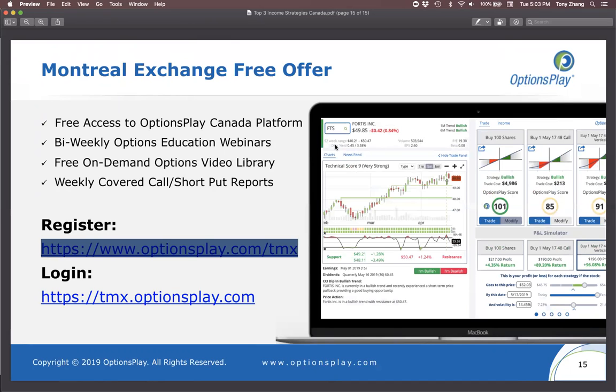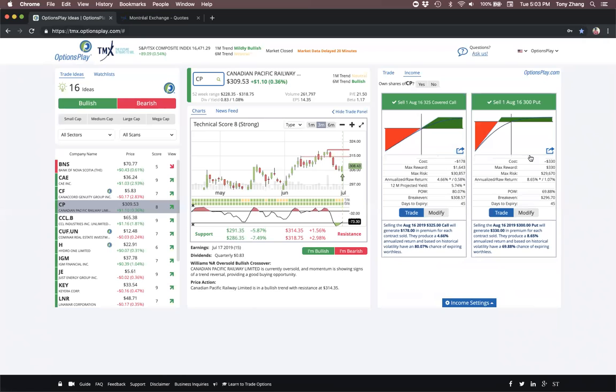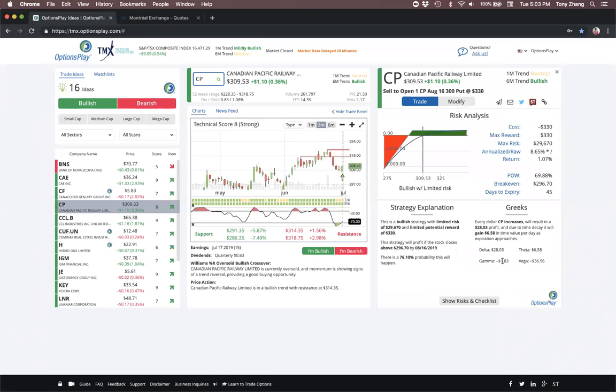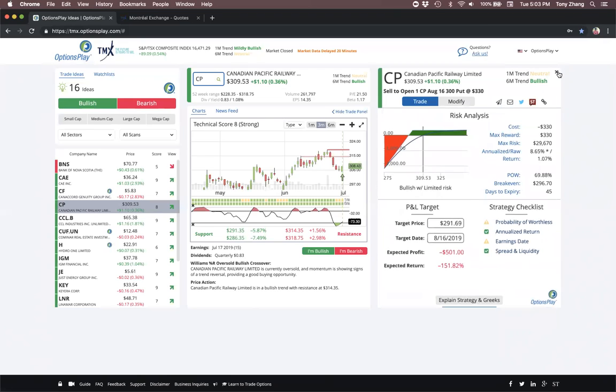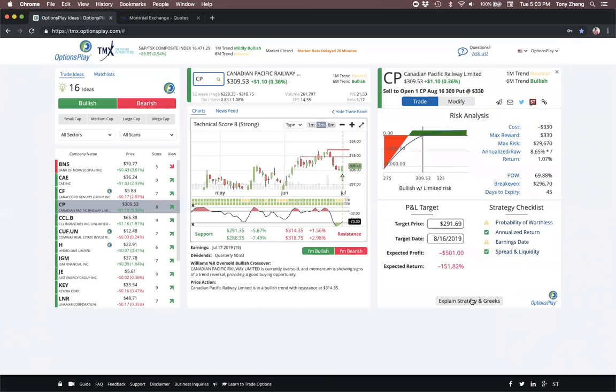Peter's saying, does OptionsPlay show delta? OptionsPlay does show delta. So let's just say we're looking at a covered call, or a cash secured put. You can click on the blue arrow, and we have a thing here at the bottom that shows. On any of these P&L charts, there's a blue arrow. When you click on that blue arrow, there will be a button at the bottom that says Explain Strategy in Greek.